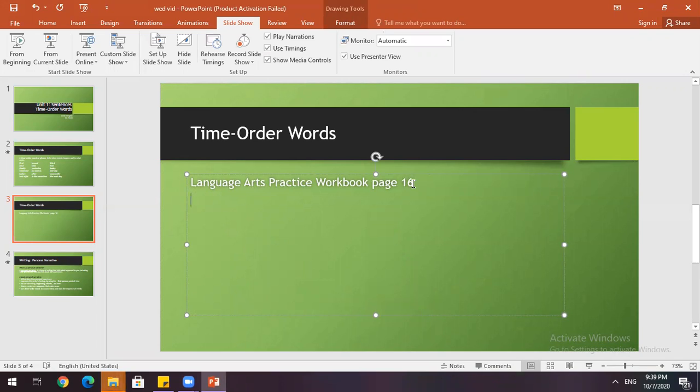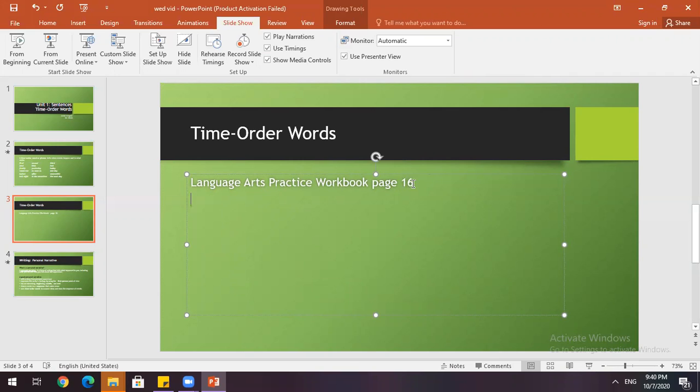By word or words, this means that we can have a time order word or a time order phrase. What is the difference between the two? One word, okay, so after, before, then, next, finally, all of these are one time order word. But we also have phrases such as as soon as, in the meantime. These are time order phrases, so more than one word.